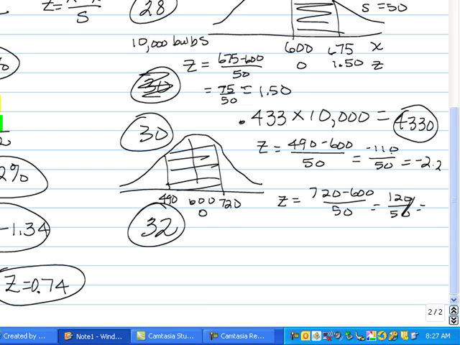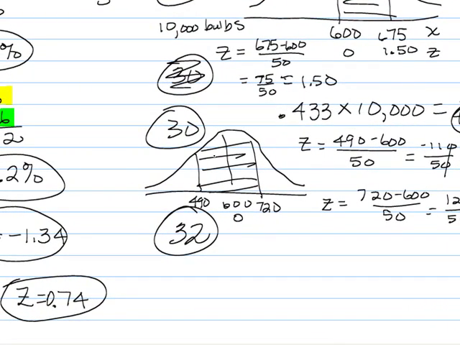I have a tendency to want to cancel those out. Okay, so 12 divided by 5, we get 2.4. So that means on our table we need to look up our 2 z-scores. We'll get one part here and then one part there. So we're going to have to add them.